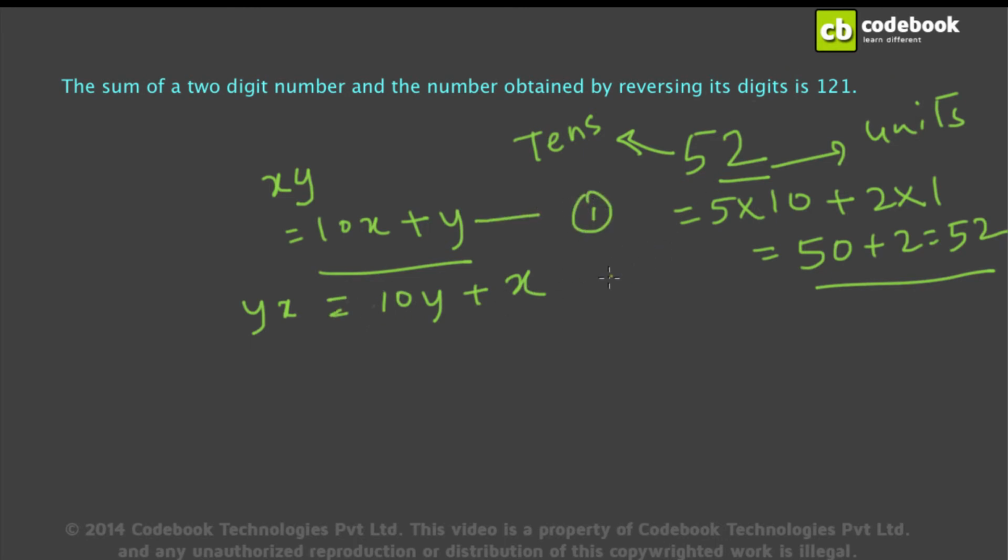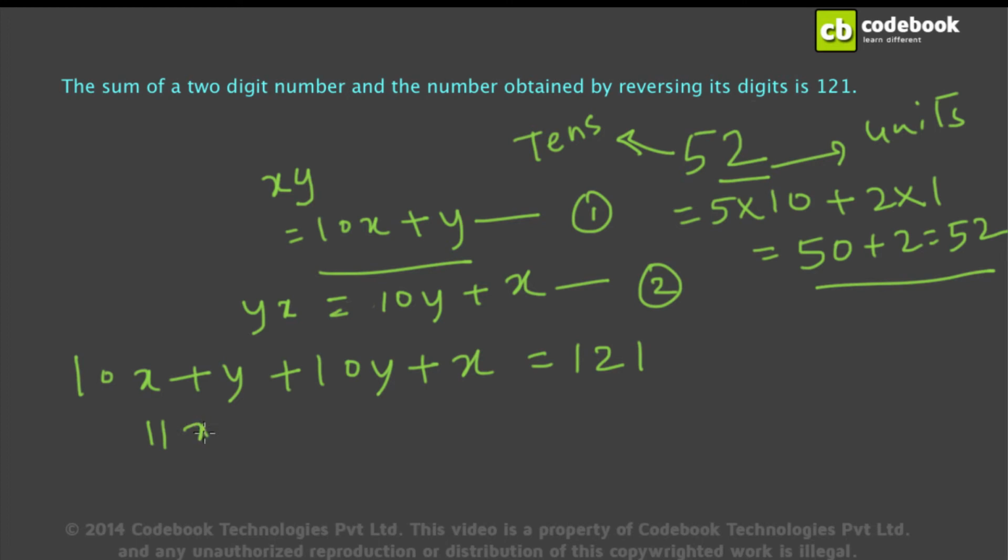So let's call this 1 and let's call this 2. And we have been told that 1 plus 2 is equal to 121. So let's do that. So 10x plus y plus 10y plus x is equal to 121. So this is equal to 11x plus 11y is equal to 121.